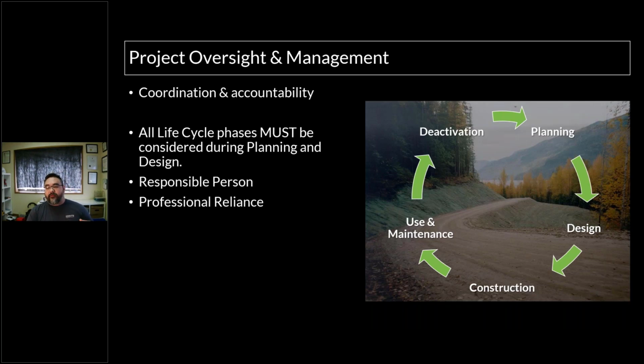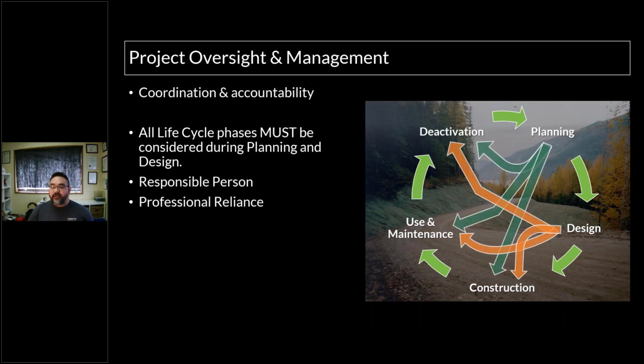Here in British Columbia, we use a professional reliance model with one coordinating professional who takes responsibility for the whole road. We have guidelines around that. And it helps create continuity throughout the phases and helps ensure that all phases are considered at the planning stage, and then the plans are actually carried out during construction, use, and deactivation.